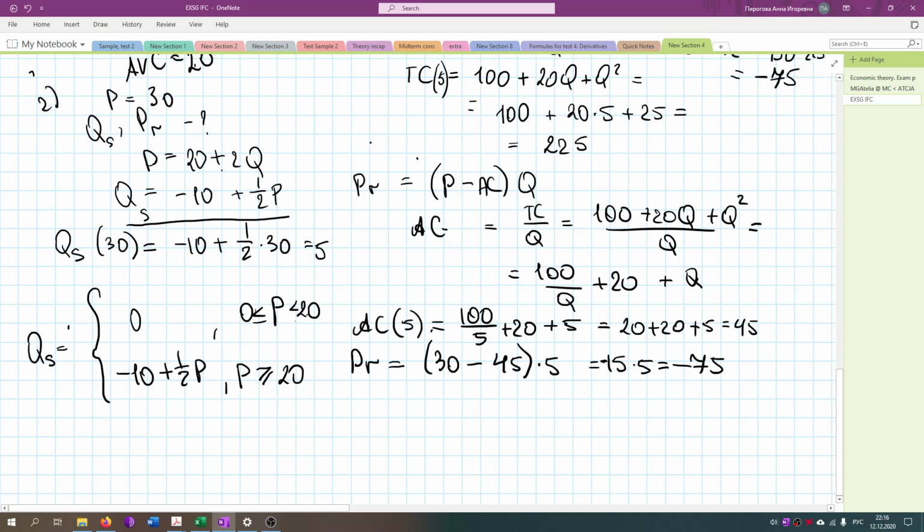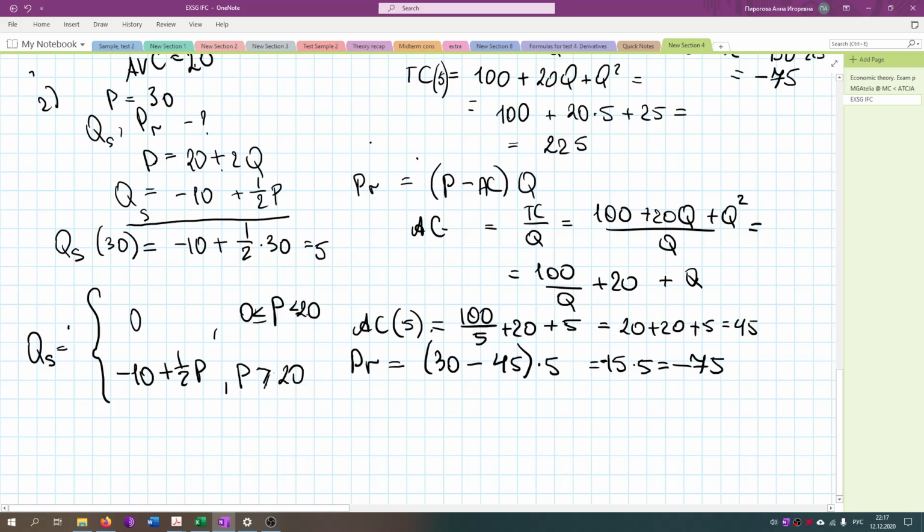We can write like this, and then we will have to use non-strict inequality in the second case, or we can use non-strict inequality here and strict inequality here.